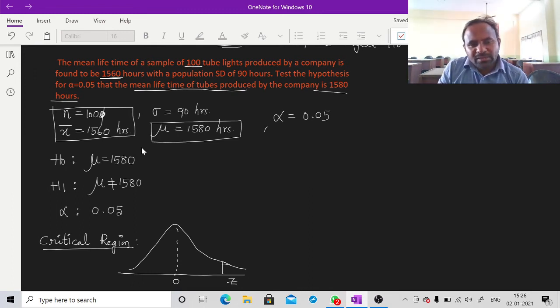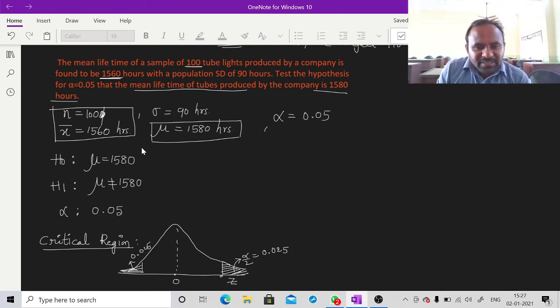You are taking the two-tailed test, because the alternative hypothesis is of the not equal to type. So the critical region is placed in the two tails of the distribution. This is alpha by 2, and since alpha is 0.05, this is 0.025 of area, and the other tail also has 0.025 units of area. So your critical region is placed in the two tails of the distribution.